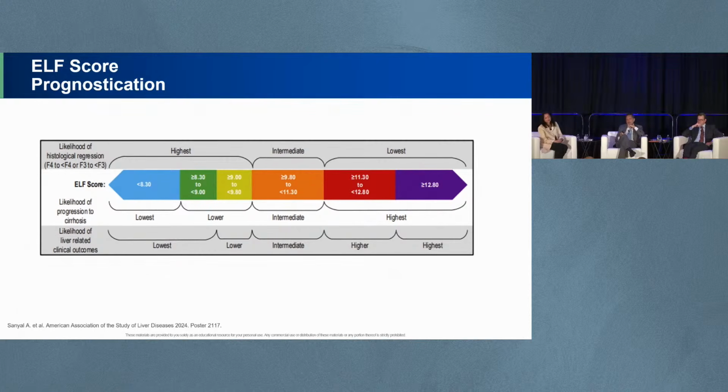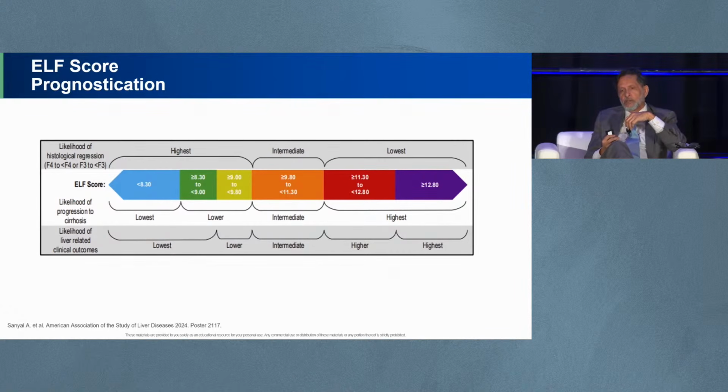Sure. So I think basically this is a little deeper dive on the prognostic utility of the ELF score. And this was a study that was based on all of the Gilead trials that were done for NASH. Unfortunately, most of them were negatives, but that allowed us to pull the data. So it was 2,000 plus, almost close to 3,000 patients. But what you see is basically that below the classic cutoff of 8.2, there's virtually no outcomes.